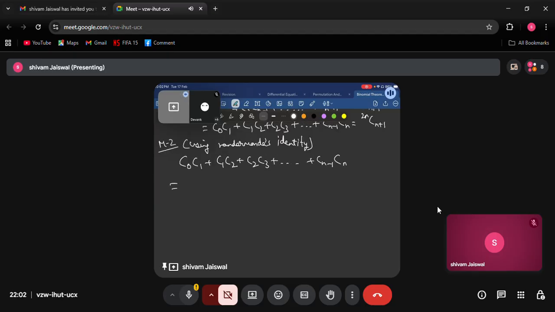This can be written as summation of r equal to 0 to n. If r equal to 0, then it should end with n minus 1, so r equal to 0 to n minus 1.